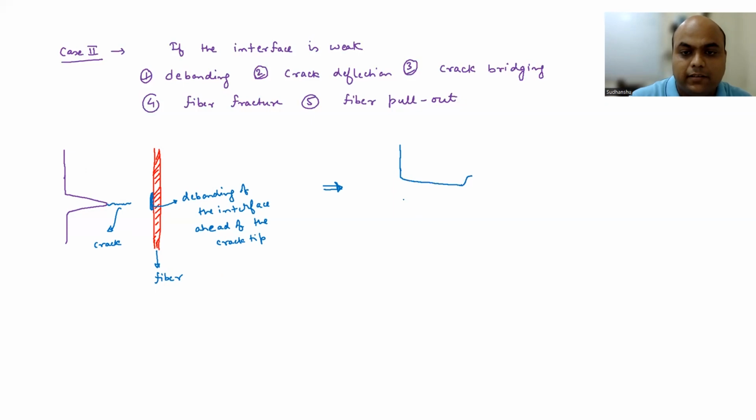So something like this. And then you have the fiber. So you see the crack is not deflected by 90 degrees. The crack direction is like this, but it has not deflected by 90 degrees. So what you observe here is crack deflection.